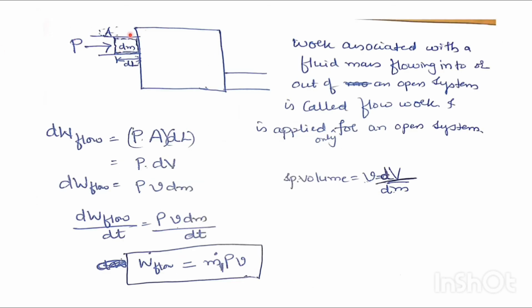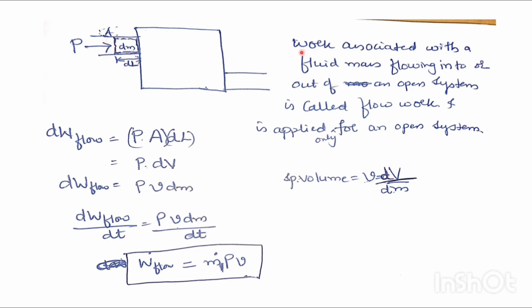Now, while writing the steady flow energy equation, we have added the flow work. You can see here, this is the mass having some length dl, entering with some pressure.